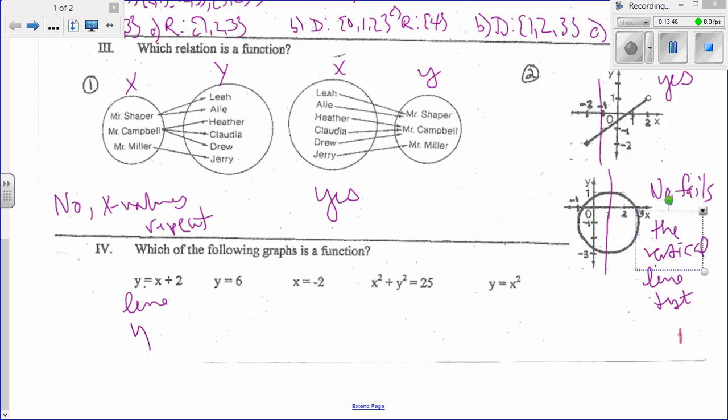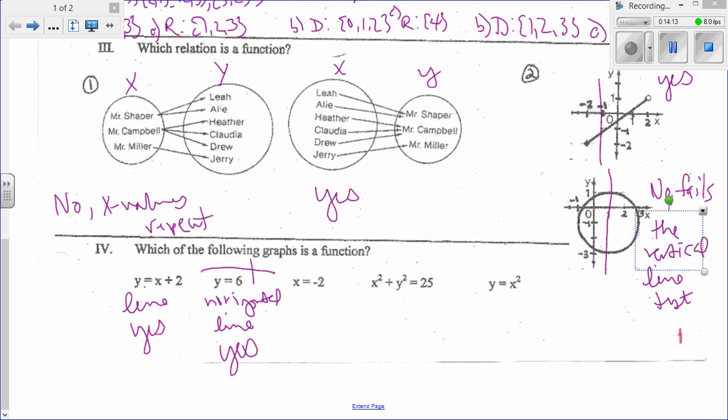And lines are functions. Y equals 6 is a special kind of line. This is a horizontal line. And if you think about a horizontal line along the horizon, it looks like that. If I were to draw a vertical line, it would only cross it in one place, so it would pass the vertical line test. So yes, this indeed is a function.